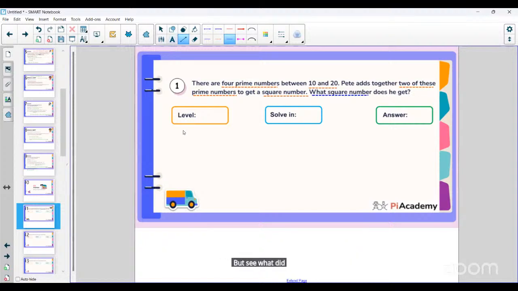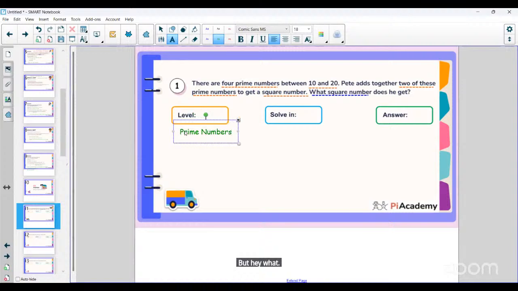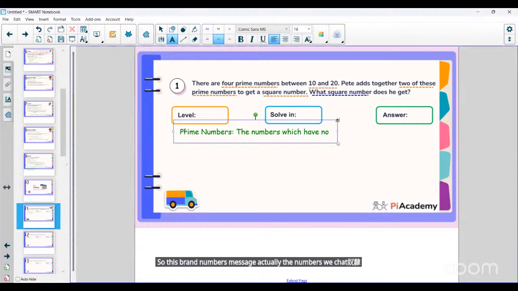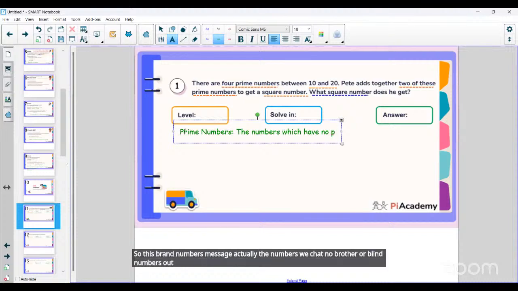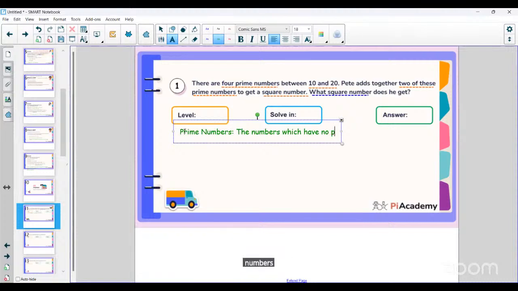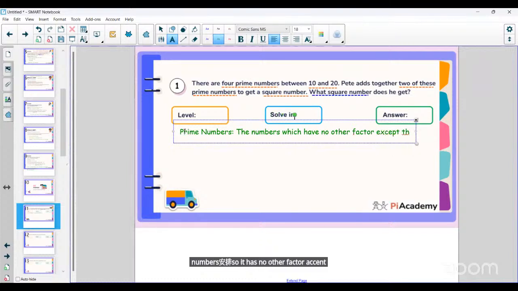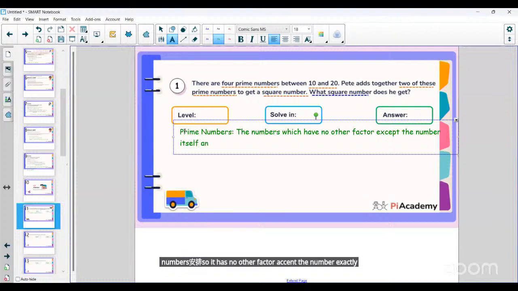Firstly, what are these prime numbers known as? Just now we talked about factors, right? So prime numbers are the numbers which have only one and the number itself as a factor. So it has no other factor except the number itself and 1.